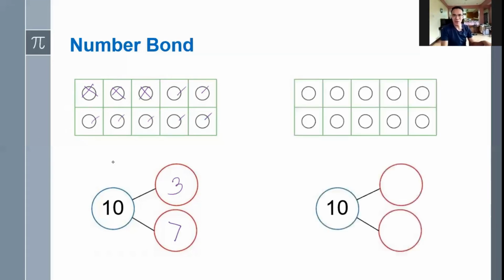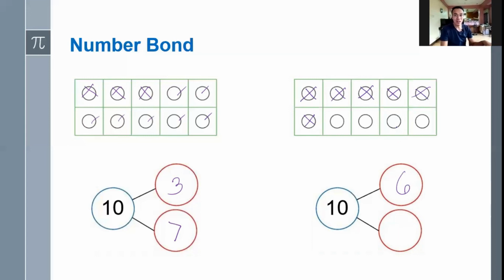Let's have another way. Let's find another two numbers that make 10. How many circles do you want to cross out? Come again, I cannot hear you. 6? Okay, let's cross out 6 circles. 1, 2, 3, 4, 5, 6. 6 circles are crossed out, so we write here 6.